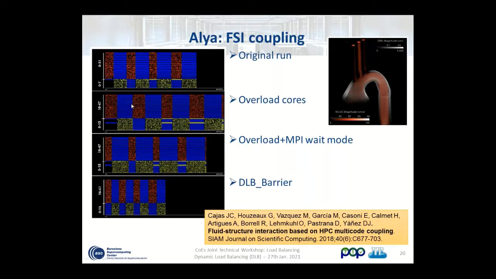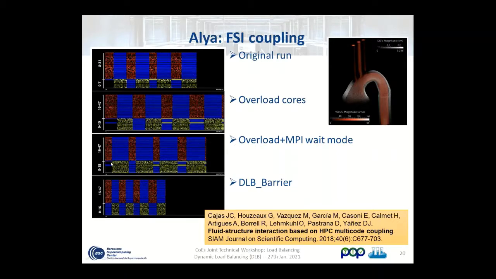So this was not useful, but MPI offers a wait mode that makes MPI calls really wait and not use the CPU. We tried this version, and this is what we obtained. What was happening in this version? Why was it performing worse than the first one?